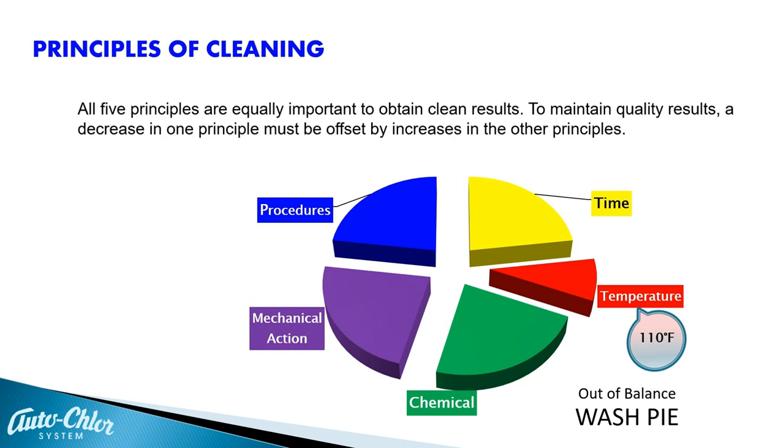When the temperature drops, we have to be able to increase one or more of the other principles to offset the difference. That wash pie has to stay equal, round. If it becomes egg-shaped, you're going to get poor results. If we have low temperature, we may have to increase time to compensate, or we have to increase chemistry to compensate, or a combination of it.